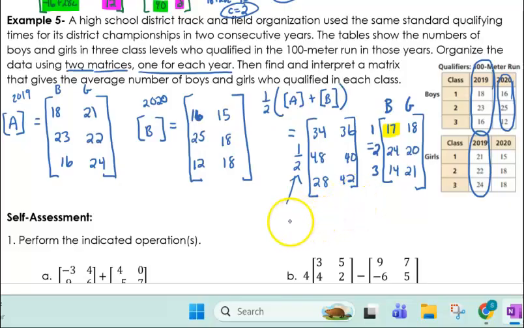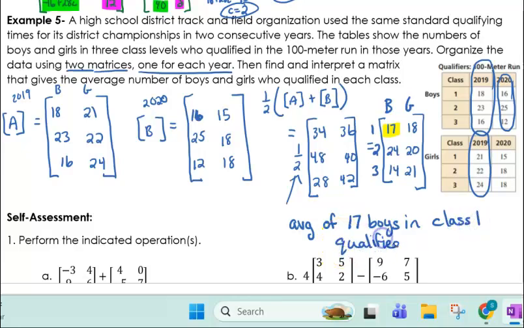So if we just try to interpret the 17 as an example, it means that an average of 17 boys in class 1 qualified between 2019 and 2020. So like if you did 18, it'd mean an average of 18 girls qualified in class 1 between 2019 and 2020. And that's how you would interpret it.